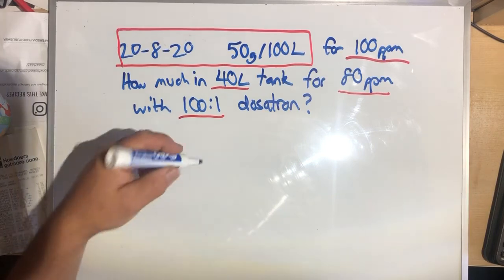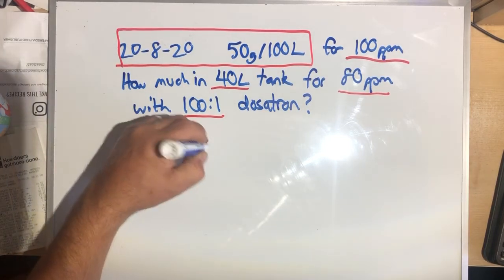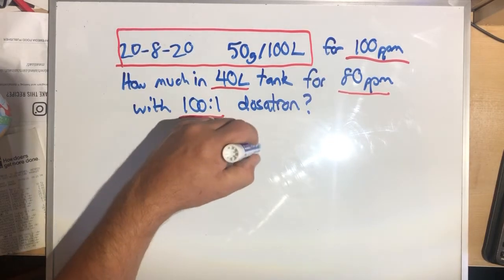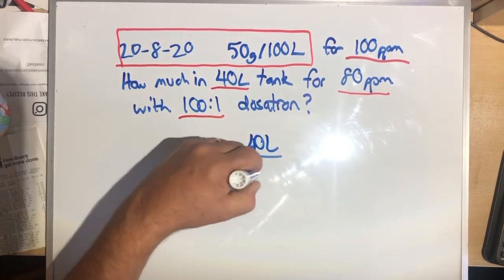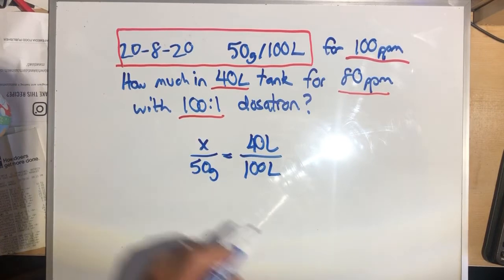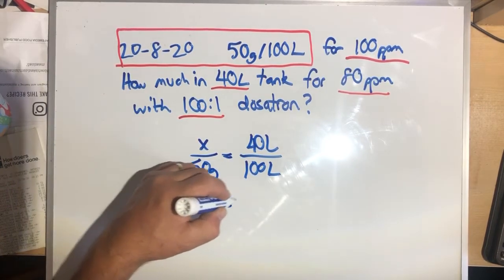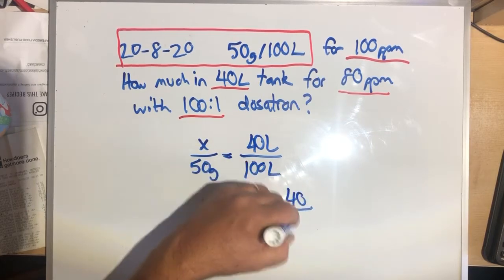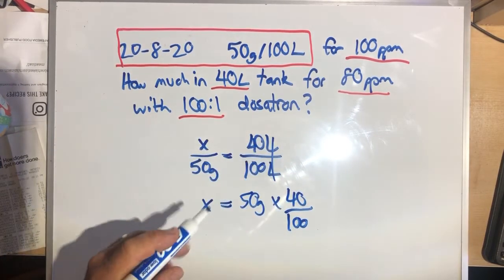So if we have X over 50 grams equals 40 liters, which is the tank size we want, over 100, the tank size we have. We solve for X: 50 grams times 40 over 100. Remember, the liters cancel.